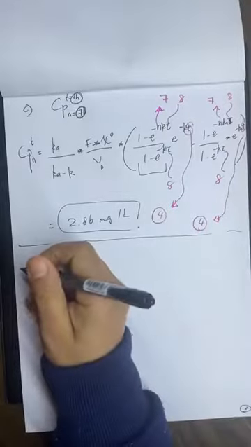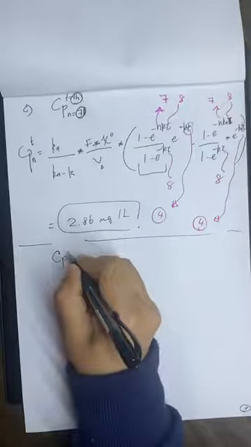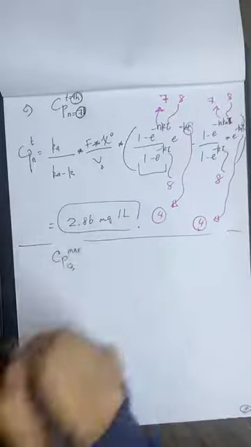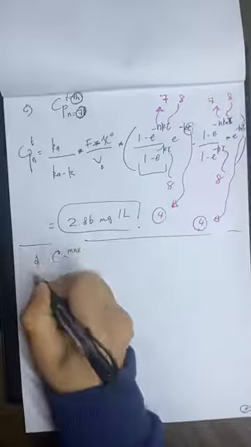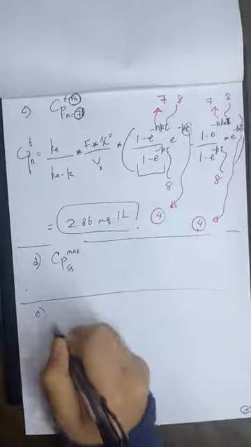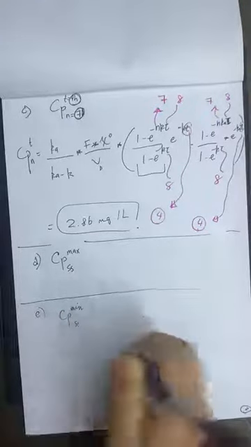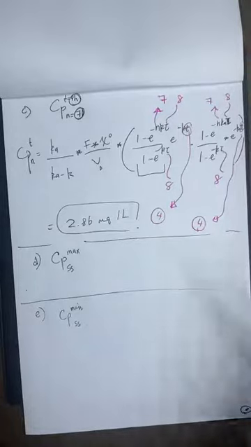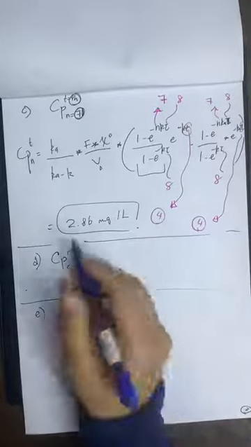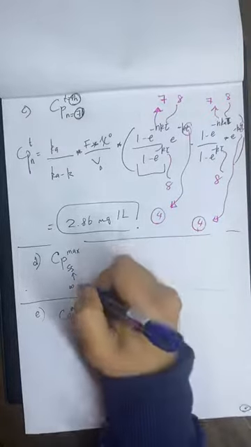Okay, the one before the last question, I need the maximum concentration at steady state. This is for D. I need the minimum concentration at steady state. Okay, to determine this, N should be equal to infinity, right?